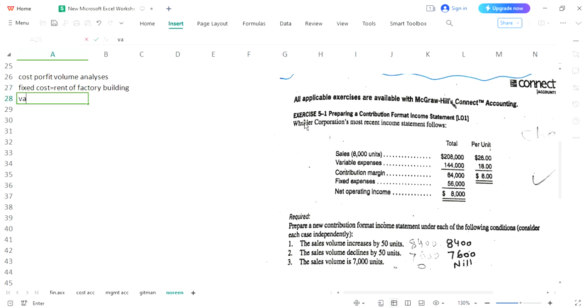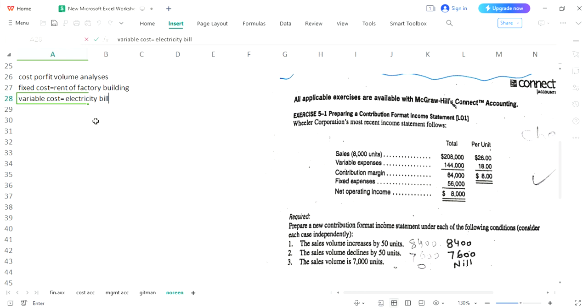Then we have seen variable cost, which will be altered according to your level of production. If you increase your level of production, cost will increase. If you decrease your level of production, variable cost would decrease. The example we have taken was the electricity bill. It's easy to understand: the more hours you choose to work, the more electricity bill you will receive.